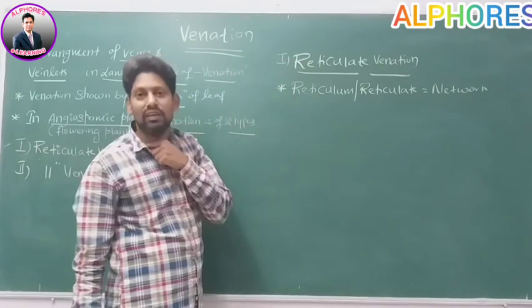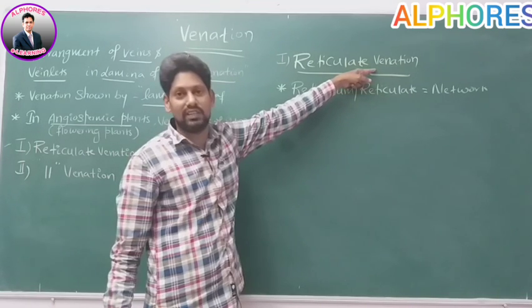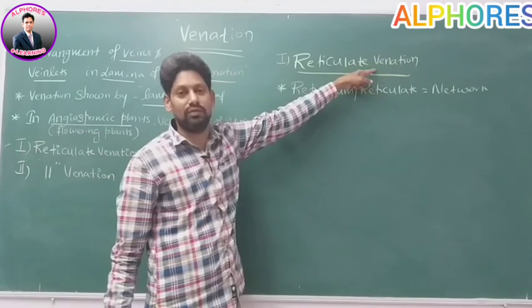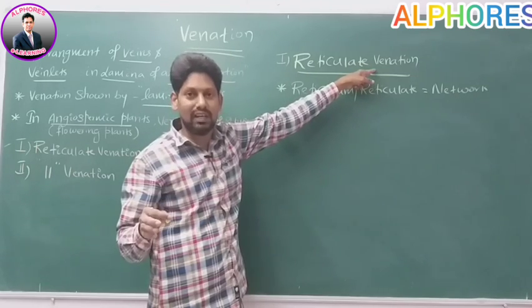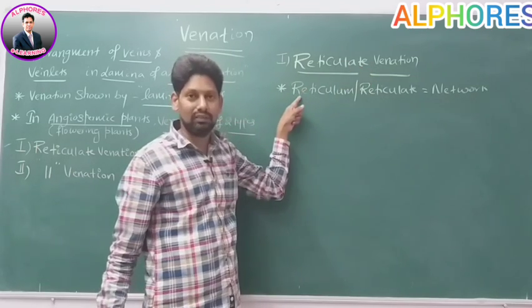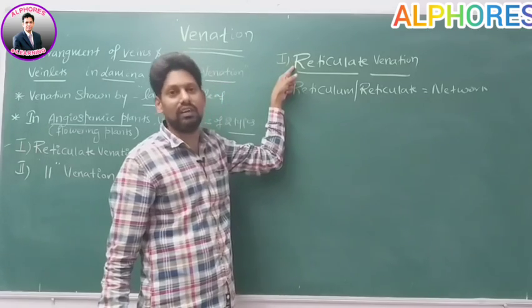Reticulate venation. Venation means what? Arrangement of veins and veinlets in the lamina of the leaf. It means these veins and veinlets form a network in the lamina of the leaf, in reticulate venation.